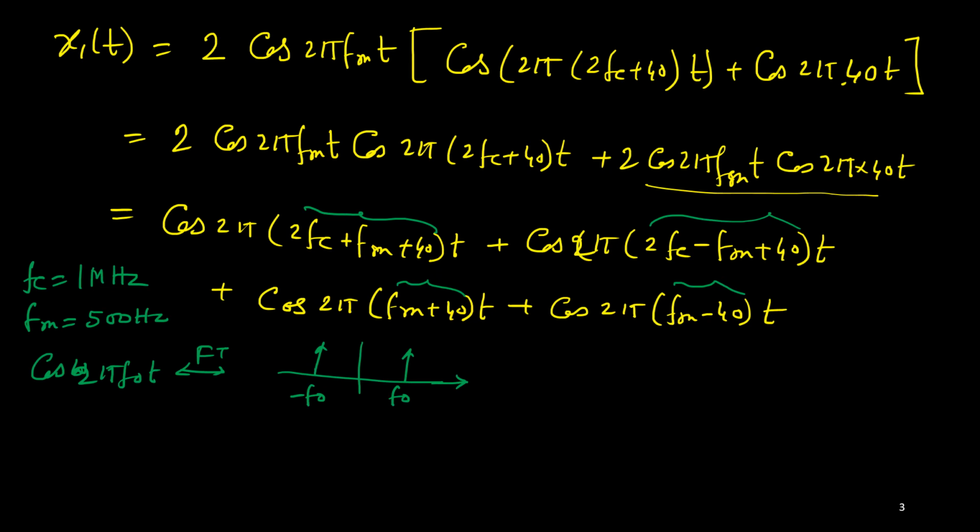I'm going for linear frequency because it is given in hertz. There you will get a delta function. The magnitude, pi or simply half, is not important. So this is one impulse function located at f naught and another at minus f naught, corresponding to cos 2 pi f naught t.